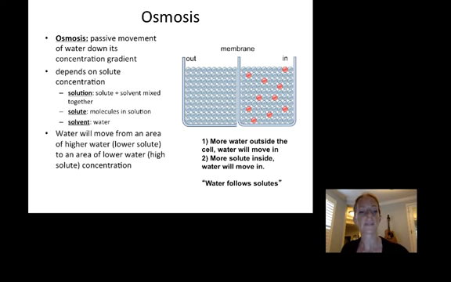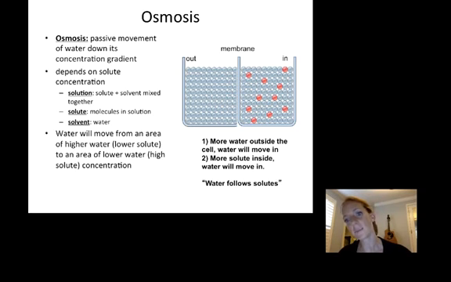All right, osmosis. Osmosis is a special form of diffusion that applies just to water. So osmosis is the passive movement of water down its concentration gradient. It depends on the solute concentration, and it depends on the water concentration.